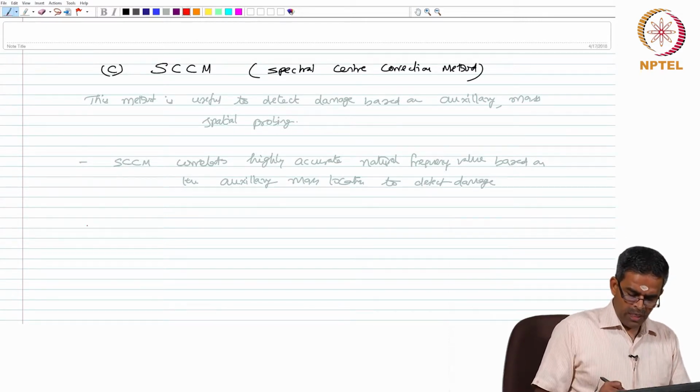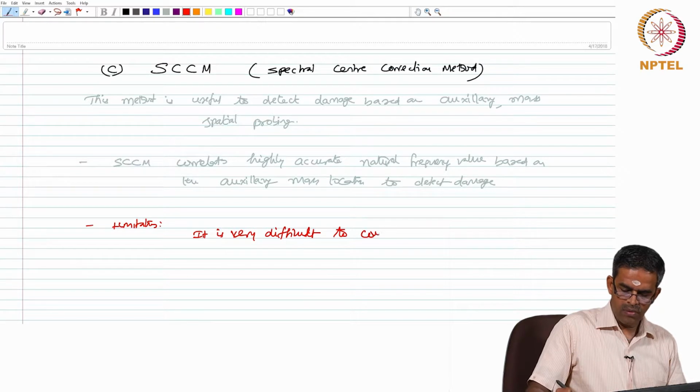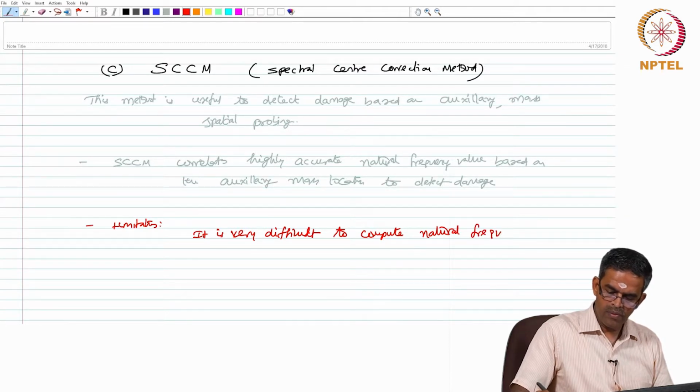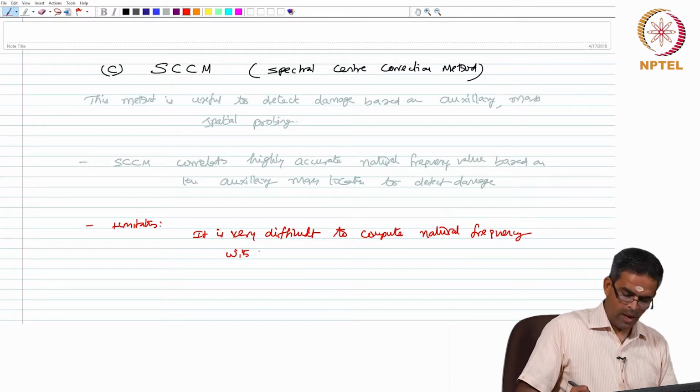One important limitation of this method is it is very difficult to compute natural frequency with high accuracy.